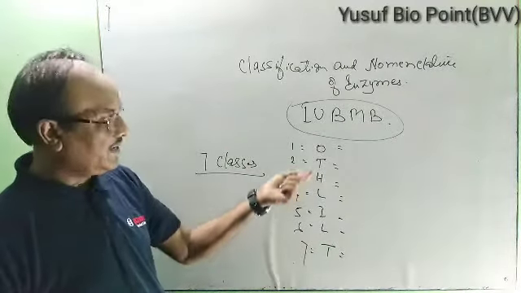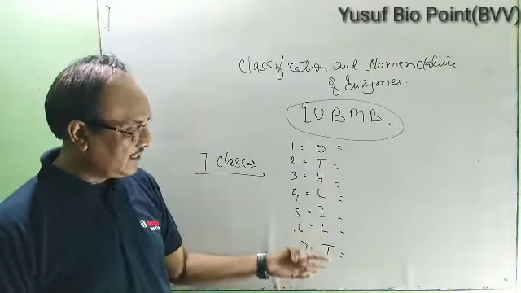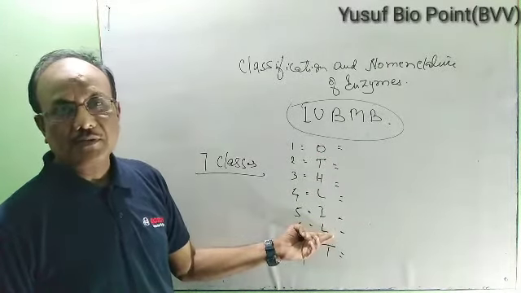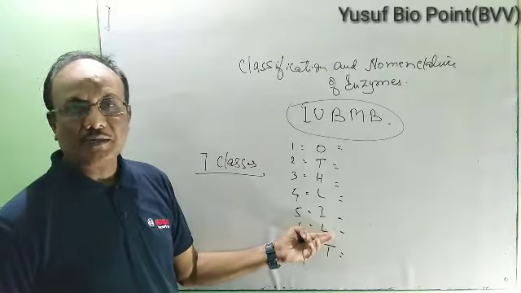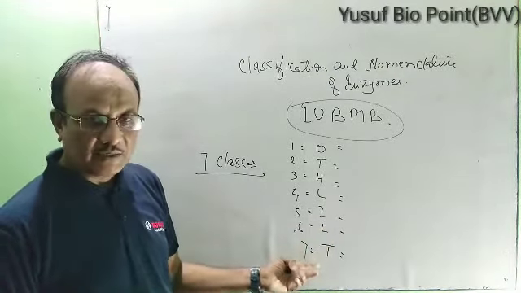For your convenience, you can say O, T, H, L, I, L, and T. These 6 classes are given in your book, and the new class is the 7th.